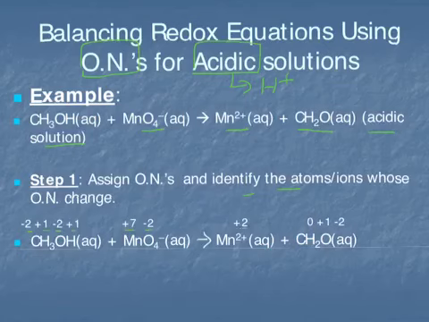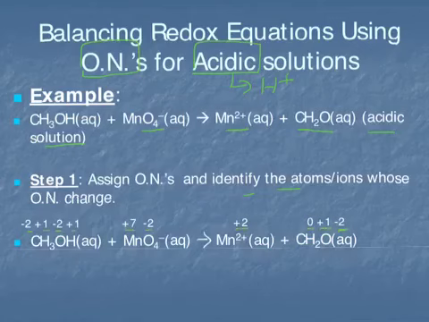Mn2+, that's simple because the ion itself is 2+, so the oxidation number for manganese is +2. And CH2O, we have to remember that the oxidation number for hydrogen is always +1, and for oxygen in a compound is -2. Then if we are to have a neutral molecule for formaldehyde, the oxidation number for carbon must be 0.